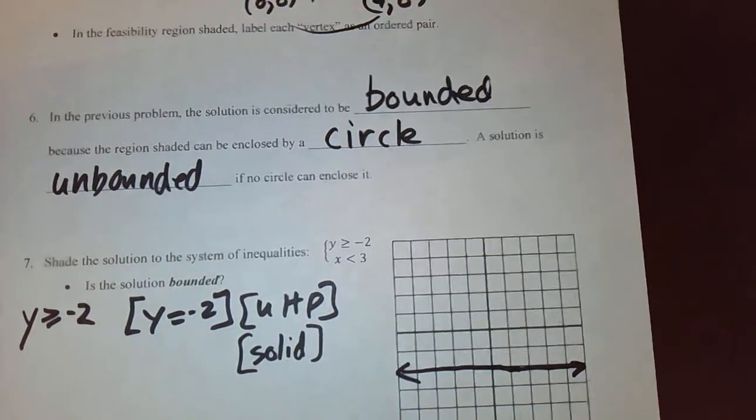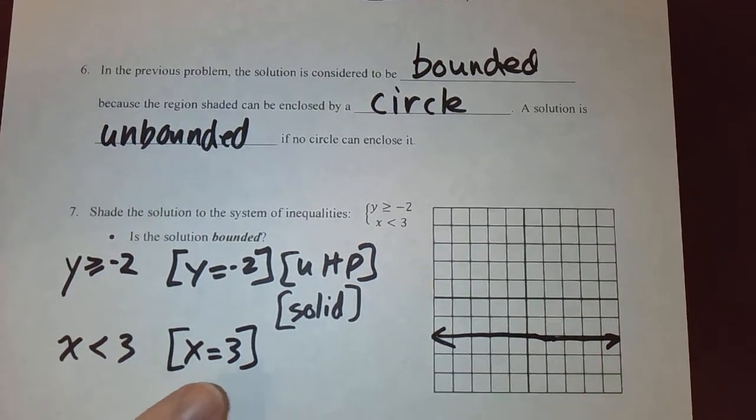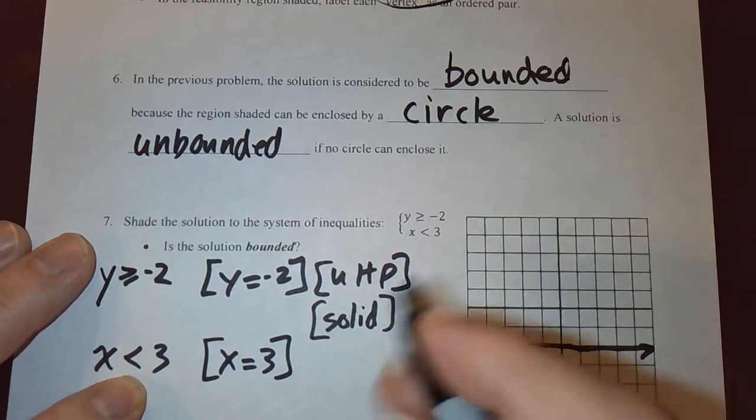The next one is x less than 3. So the line I'm going to graph is x equals 3. What kind of a line is that when you don't have a y in the equation, you only have an x? That's a vertical line. Now, go back to the inequality, and there's no equal sign associated with this. It's a strict inequality.